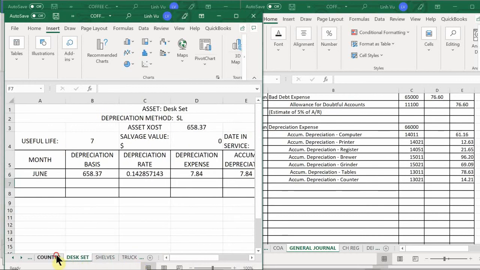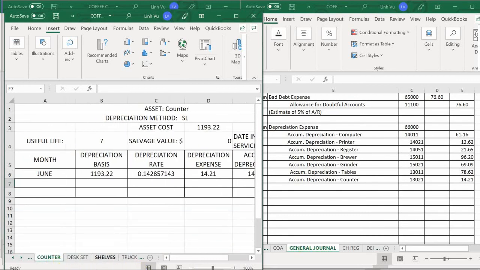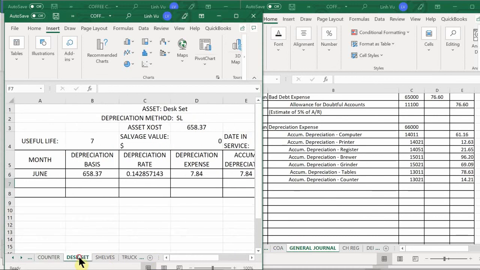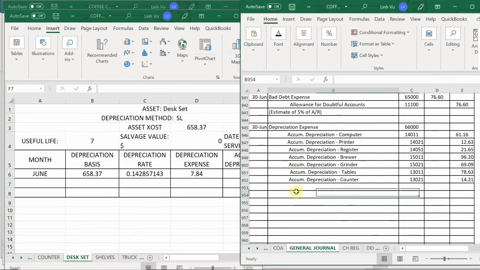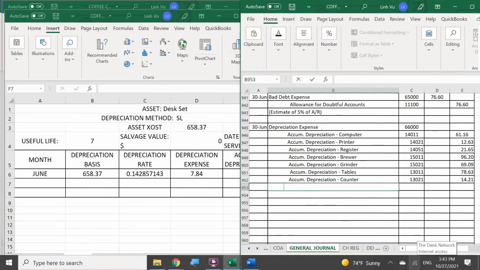Accumulated depreciation. We have the desk now, no? So that one is 13.31, and it is 7.84.